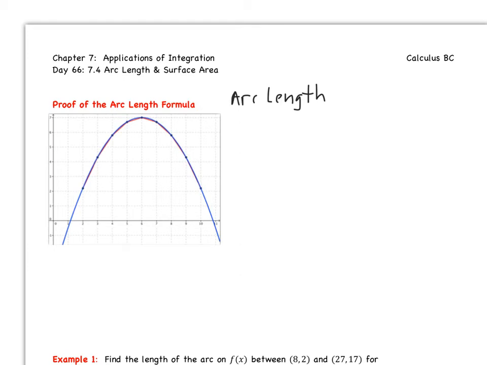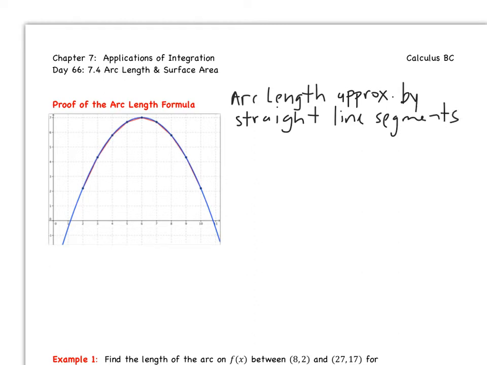So the arc length is simply approximated by straight line segments whose lengths are given by the distance formula.